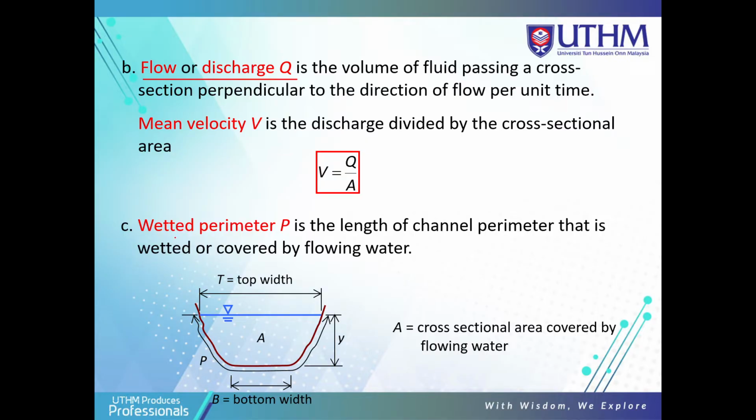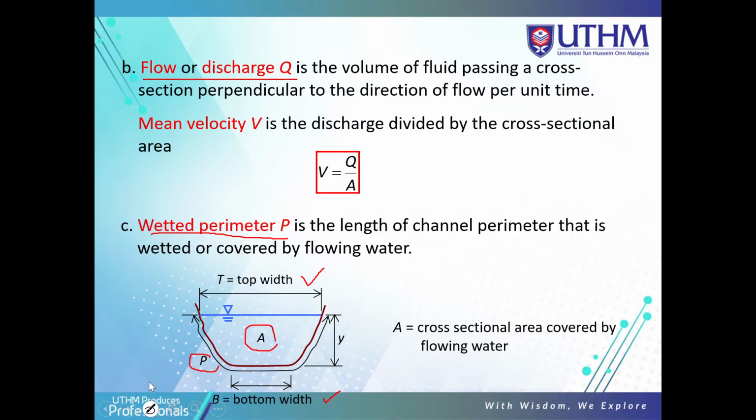The wetted perimeter P is the length of the channel perimeter that is wetted or covered by flowing water. T here is the top width, B is the bottom width, this is the area, and P is the wetted perimeter.